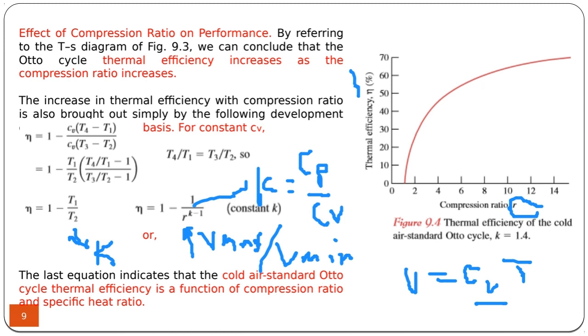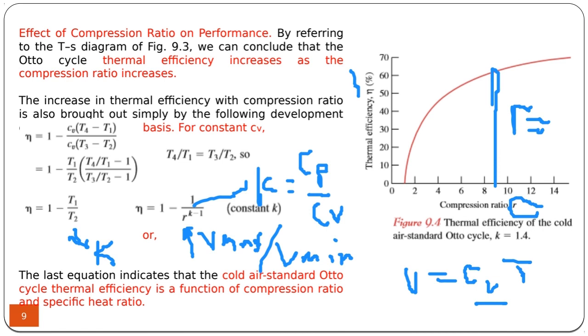Another thing is called knock or auto ignition, because for gasoline engines, if the compression ratio is very high, then the mixture will auto ignite. Before the spark plug ignites the mixture, it's possible that the mixture would auto ignite because the temperature inside is very high. That's why there is a limit to the compression ratio for gasoline engines, and this limit is about 9.